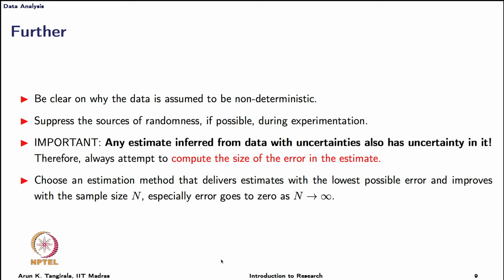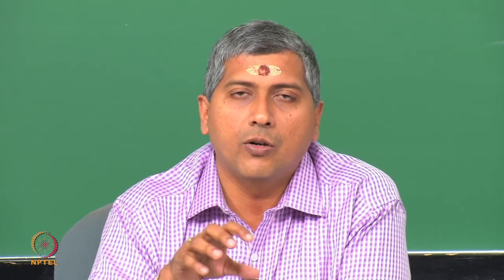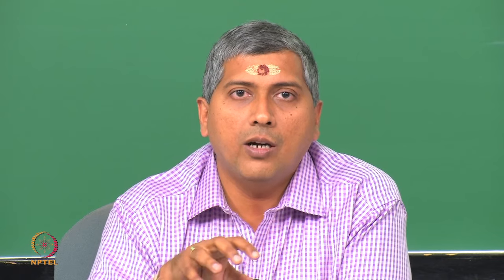Okay. So, just to emphasize, be clear on why the data is assumed to be non-deterministic, particularly because this is a very common assumption. In fact, many researchers carry out data analysis assuming the data to be stochastic without probably even pausing for a moment to ask why and what kind of stochastic. Just because I assume the data to be coming out of a stochastic process, I cannot simply go ahead and carry out my data analysis.